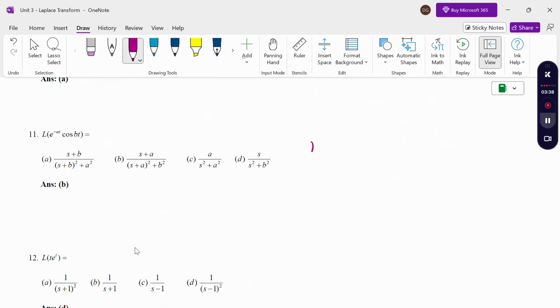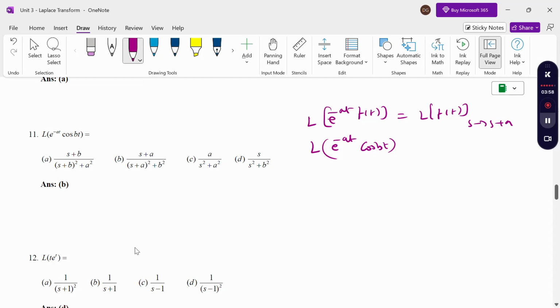Then L of e power minus at cos bt. L of e power minus at into f of t is L of f of t with S tending to S plus a.